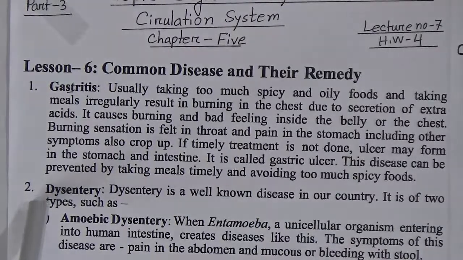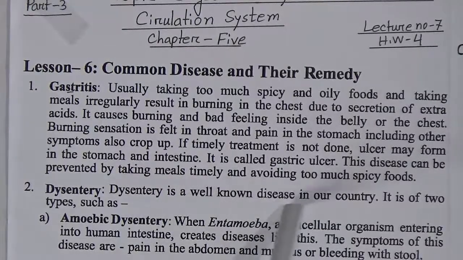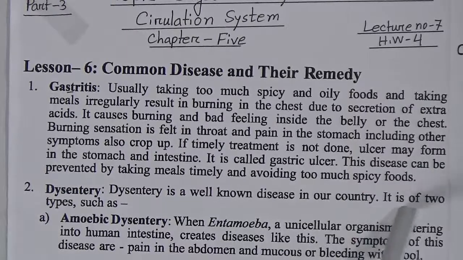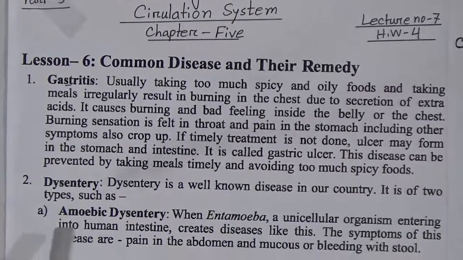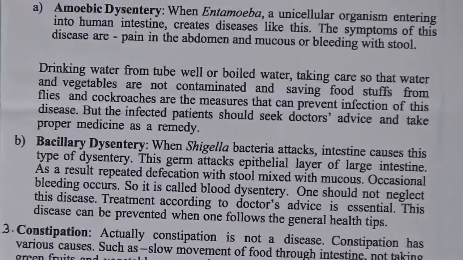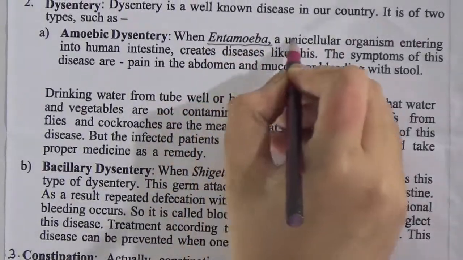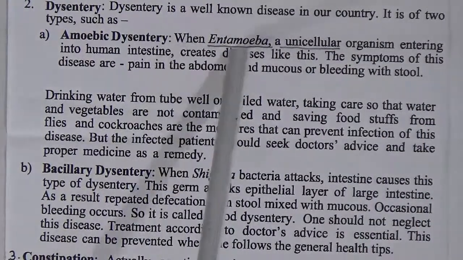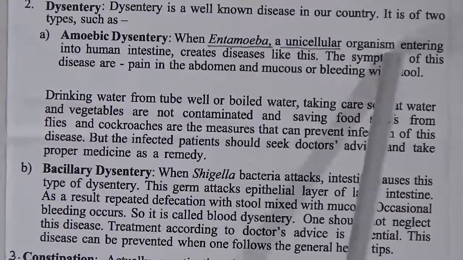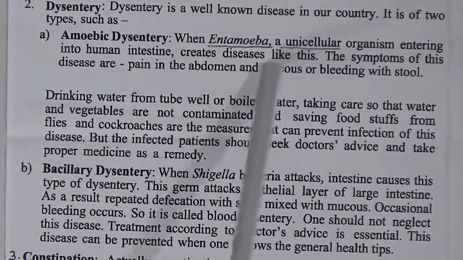Number 2 disease name is dysentery. Dysentery is a well-known disease in our country. It is of 2 types, such as amoebic dysentery and bacillary dysentery. Amoebic dysentery is when Entamoeba, which are unicellular, that means it has one cell, enters the human intestine and creates diseases like this.